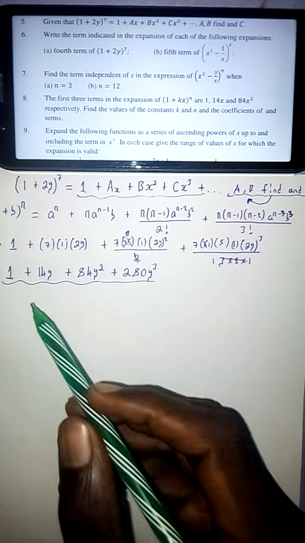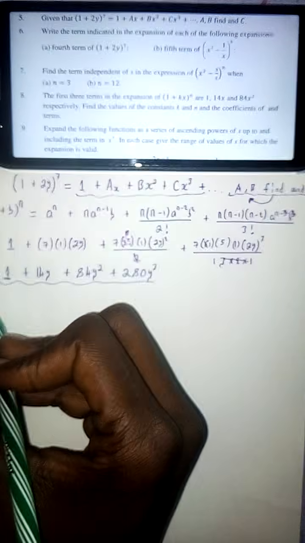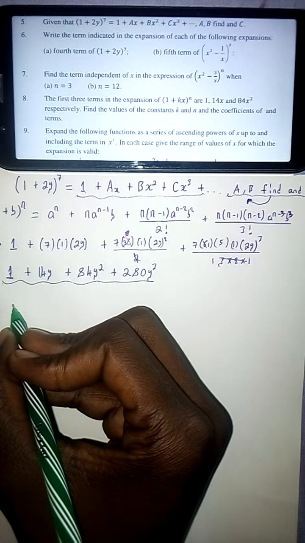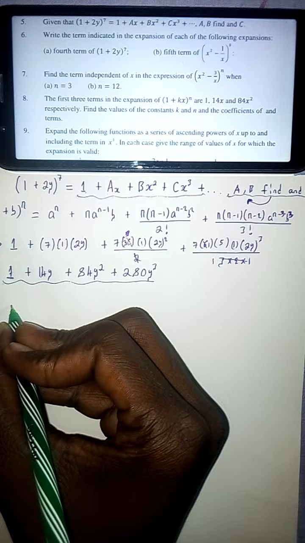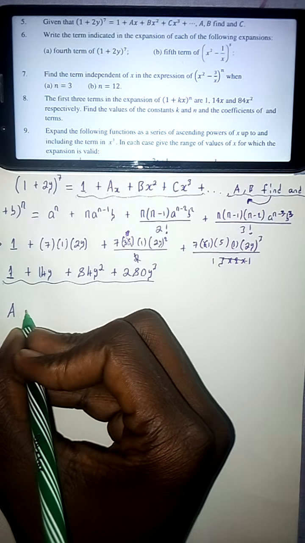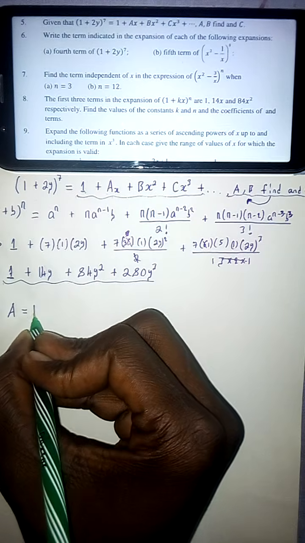Therefore, since this will correspond to this, you can write it in different ways, but my A will be this, which is 14.